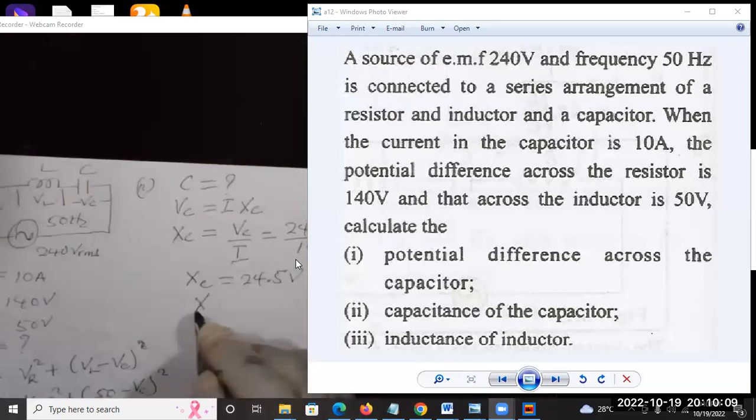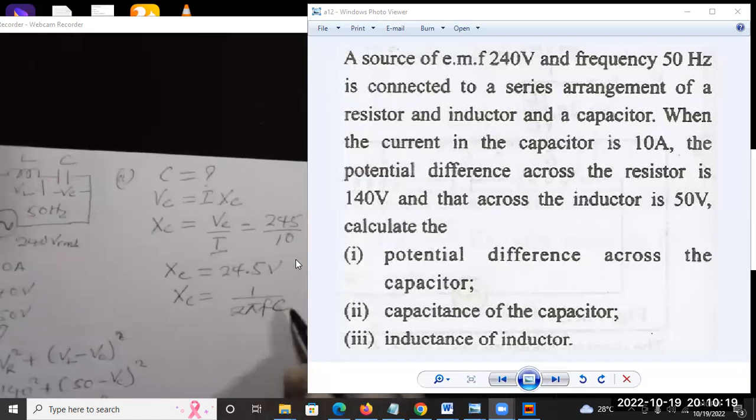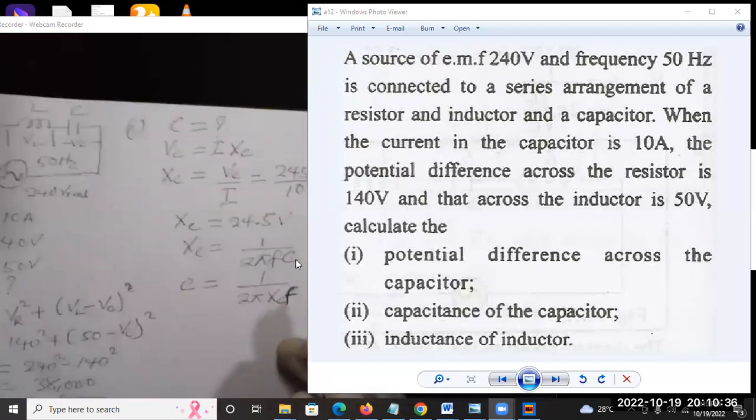But capacitive reactance is given by the expression 1 over 2 pi times the frequency multiplied with the capacitance. So we're looking for the capacitance. Make the capacitance the subject of the formula. We have 1 over 2 pi XC and frequency. Let's substitute the value.